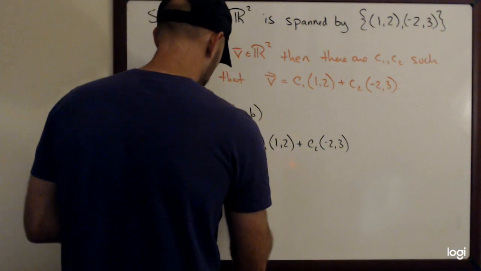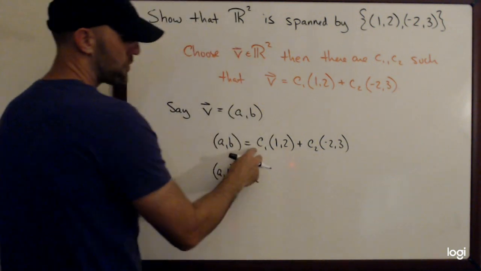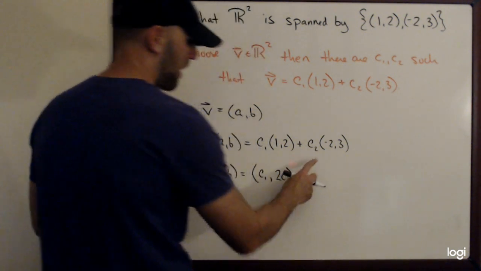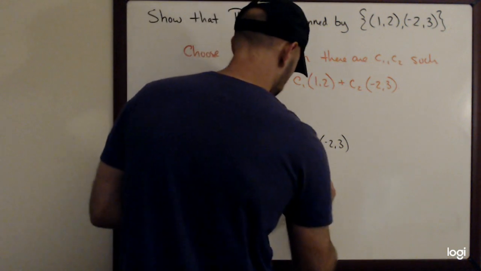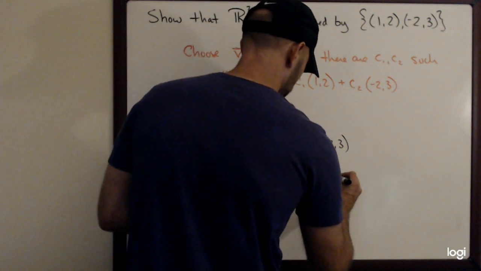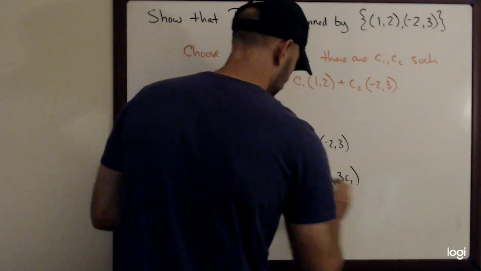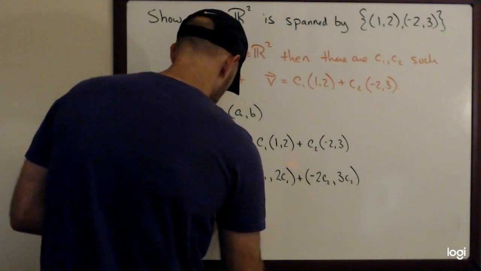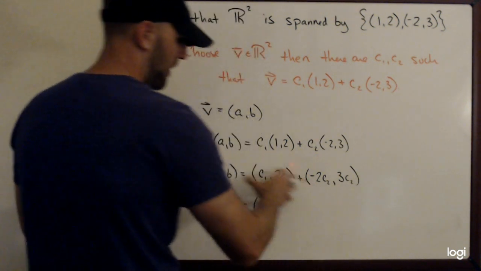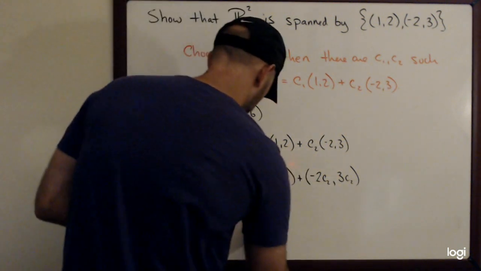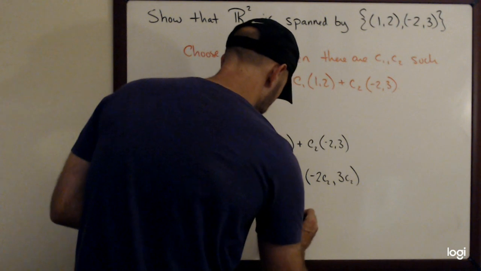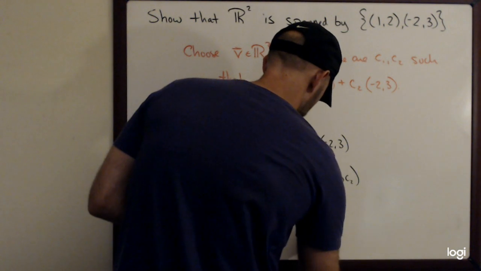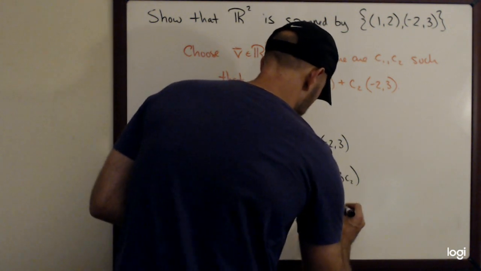So I have (A, B) is equal to, if I distribute C1, (C1, 2C1), and I distribute C2, I get (-2C2, 3C2). And now we add the vectors component-wise. And so I get a vector on the right-hand side whose first component is C1 minus 2C2, and whose second component is 2C1 plus 3C2.